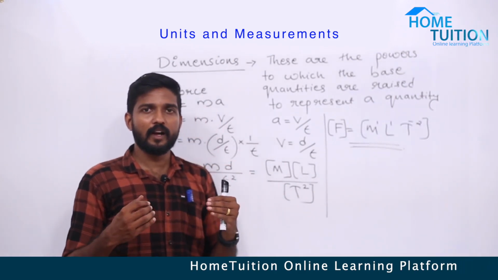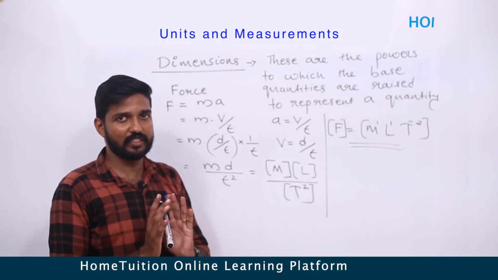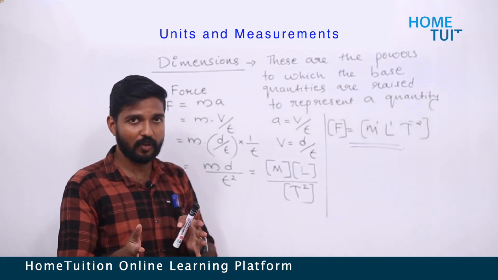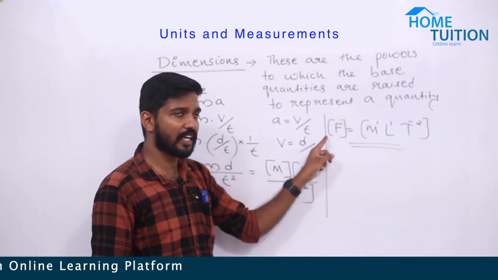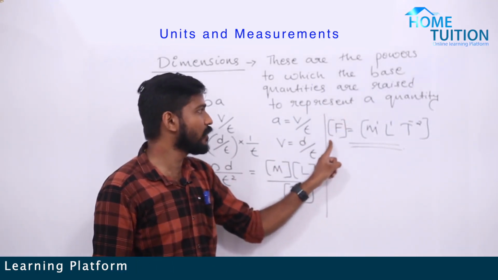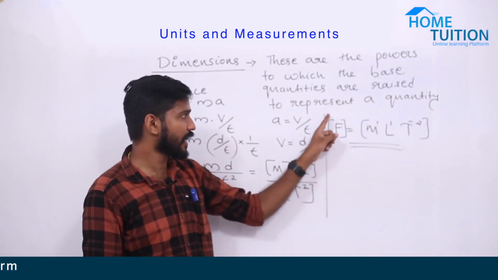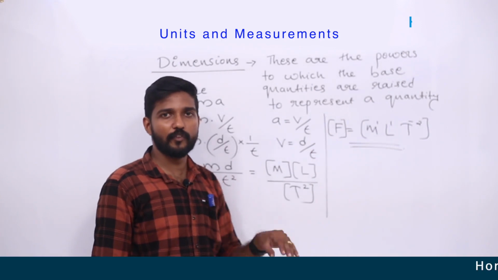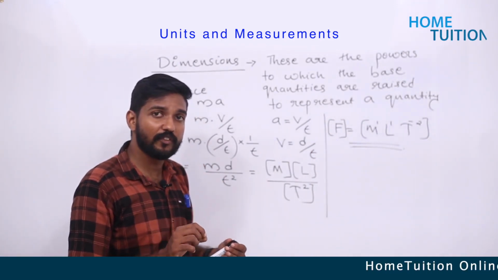To represent the dimension, we have to know whether it is dimension or not, so we use square brackets. So this square bracket indicates we are writing the dimensional equation of force. Okay, so how will you write the dimensional equation of volume?